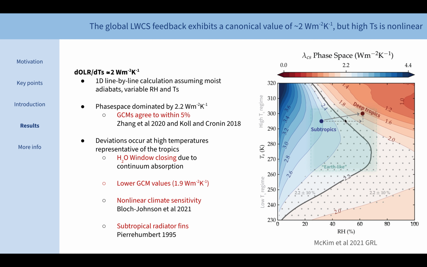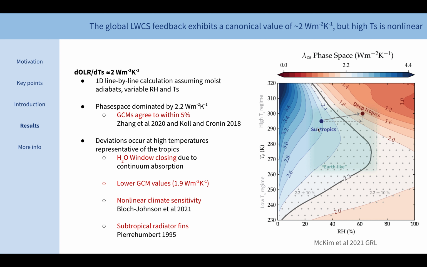We can interpret that with this graph by showing how this box, which represents the Earth-like parameter space, if you were to move this square up, then you're shifting more of your planet into this sensitive regime where the humidity dependence matters and where generally your feedback parameter is decreasing with surface temperature. This is consistent with the picture shown by Jonah Bloch-Johnson and colleagues.